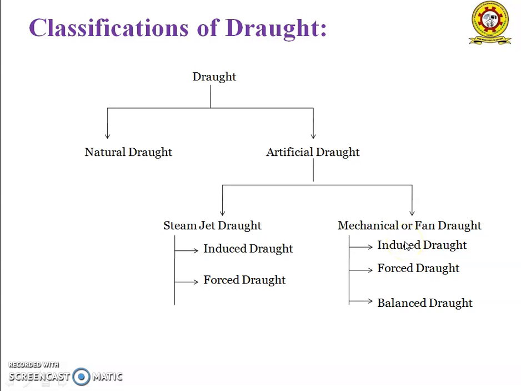If a fan or both are used in the system, then it is called mechanical draught. Fans or chimney produce positive pressure, and it is also called available draught. Whereas the fuel bed resistance, turbulence and resistance in the air ducts, gas branches, chimneys, etc. create the negative pressure, and it is called the required draught. So these are the classifications of the draughts.